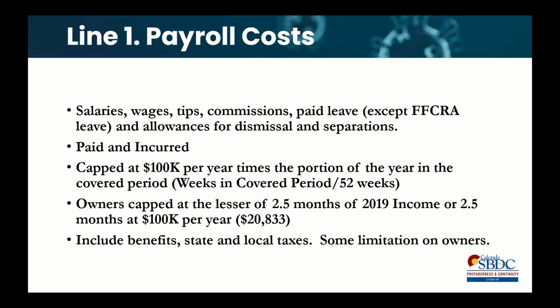Owner employees are limited to the lesser of 2.5 months of their 2019 reported income from the business, or 2.5 months at a rate of $100,000, which comes to $20,833. Why? That sounds like a geek question to me. So please read the next note.